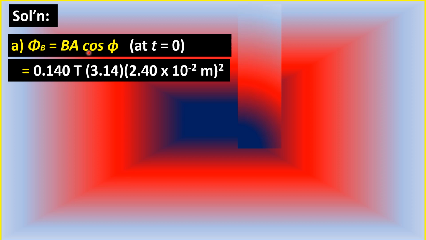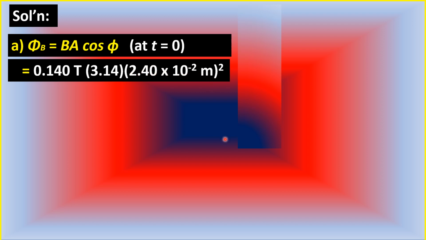That's why our scalar product of B and A is just equal to 0.140 Tesla multiplied by the magnitude of the area, which is pi to three significant figures, 3.14, and the square of the radius, which in meters is equal to 2.40 times 10 to the negative 2 meters.